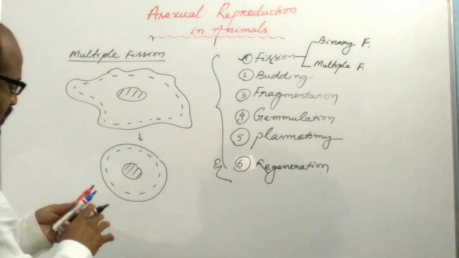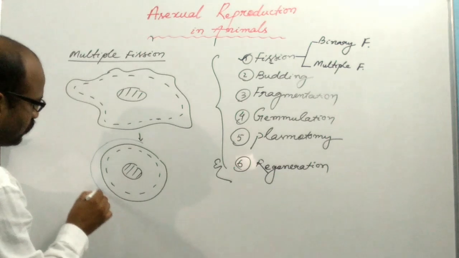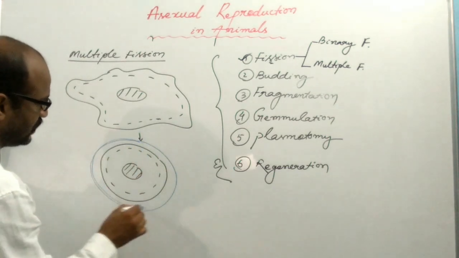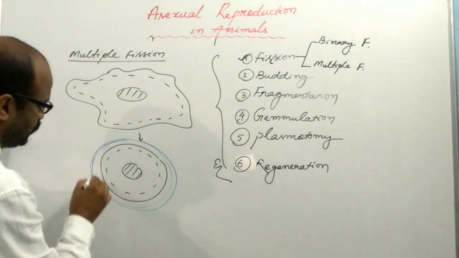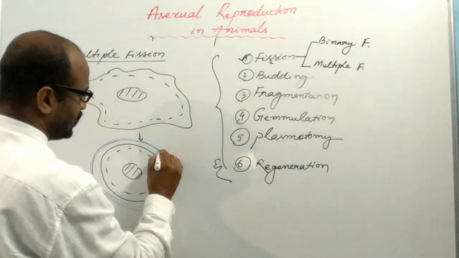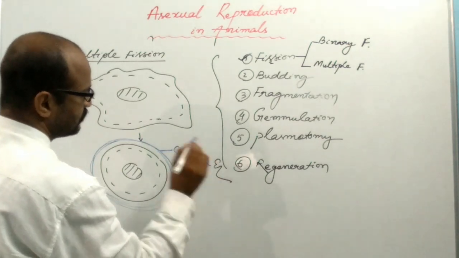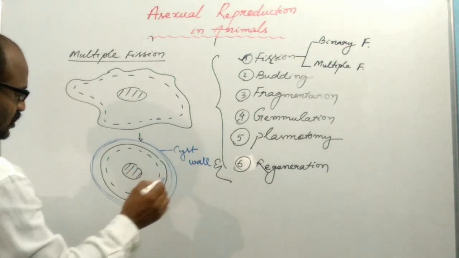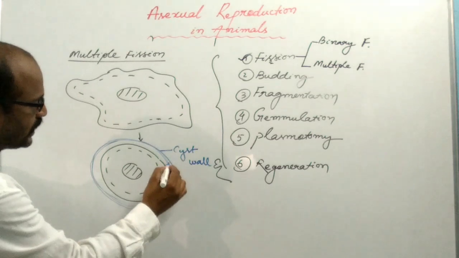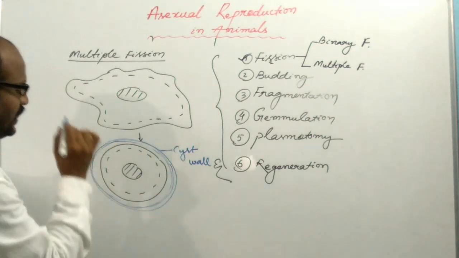Now a cyst wall is secreted around the amoeba to overcome the adverse condition. Suppose this is the cyst wall, and some workers reported that this cyst wall is made up of three layers.